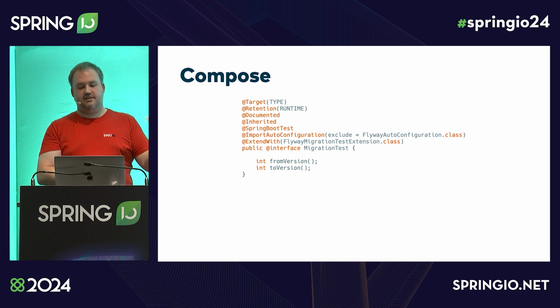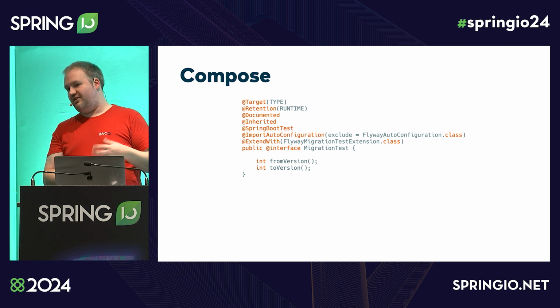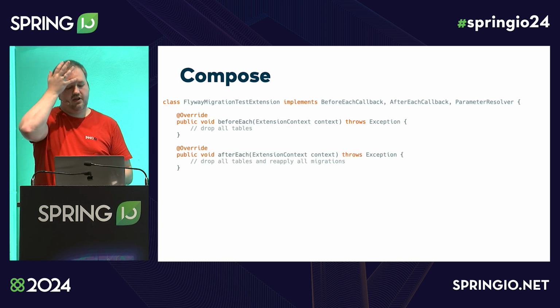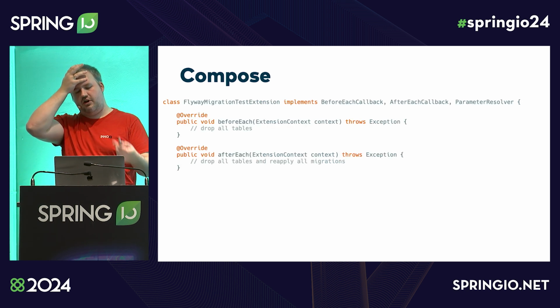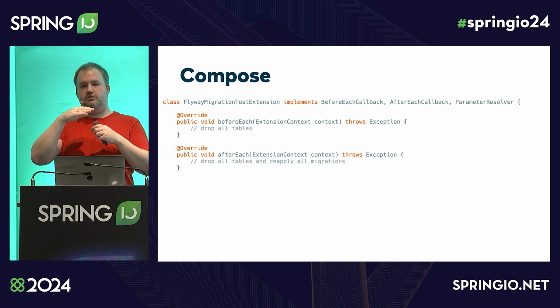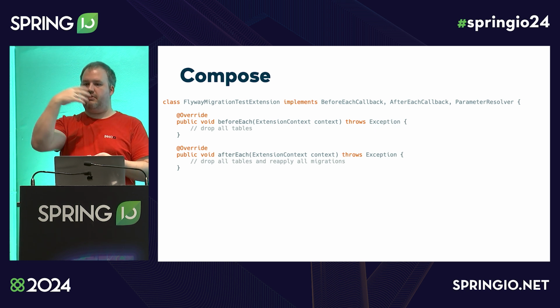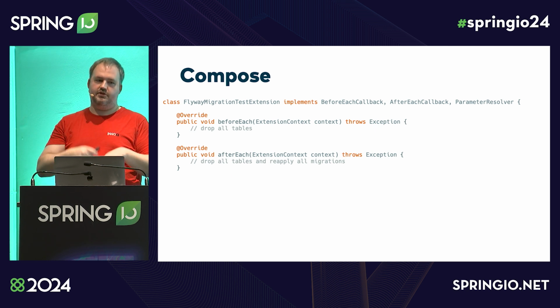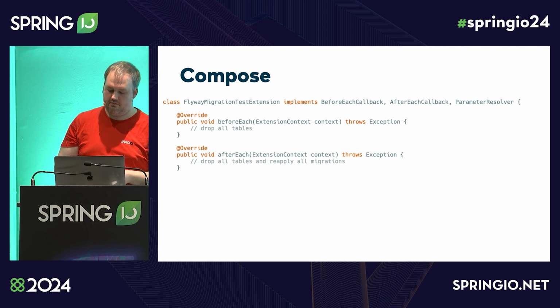And then we need a JUnit extension again. And this time it has some before and after each callback to drop all the tables because the migration needs to create them itself. And afterwards we want to replace it with the data of before.